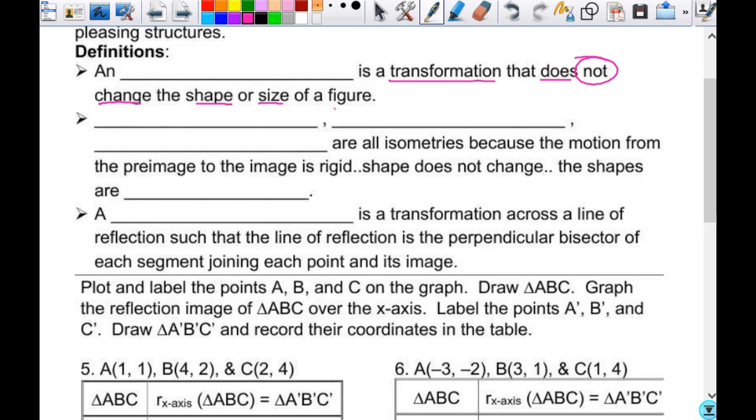Dilation, okay, because a dilation does change. Does it change size, shape, or both? Just size, not the shape, because they are similar figures after you dilate something, right? So it's not size and shape that changes, just the size. But because of that, it doesn't fall under this category. So this only includes for us right now translations, rotations, and reflections.